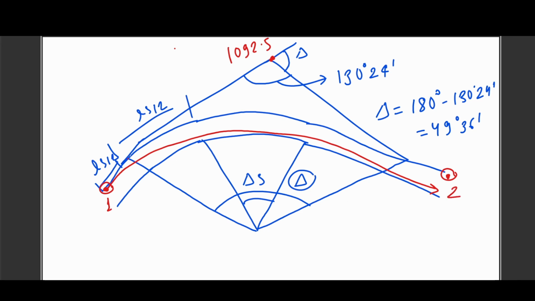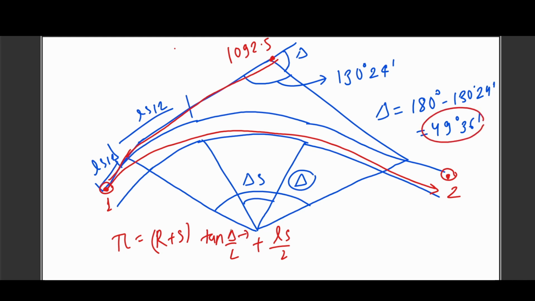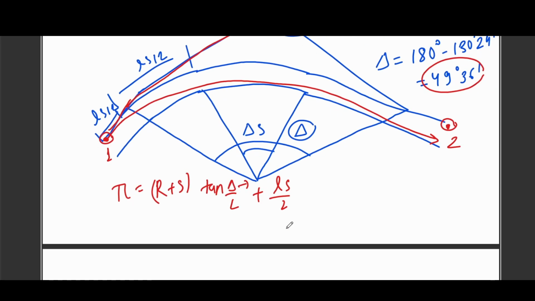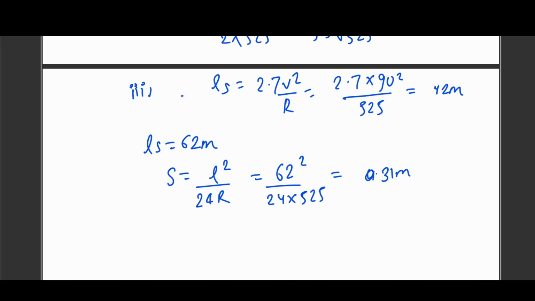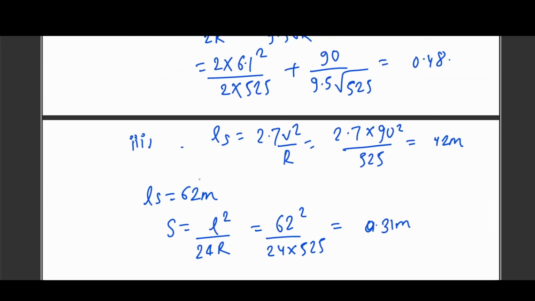So how do you calculate these chainages? This is the tangent length up to this point. The tangent length is given as (R plus S) tan delta by 2 plus Ls by 2. We are given delta equals 49 degree 36 minute, and Ls we calculated in the previous portion as 62 meter.